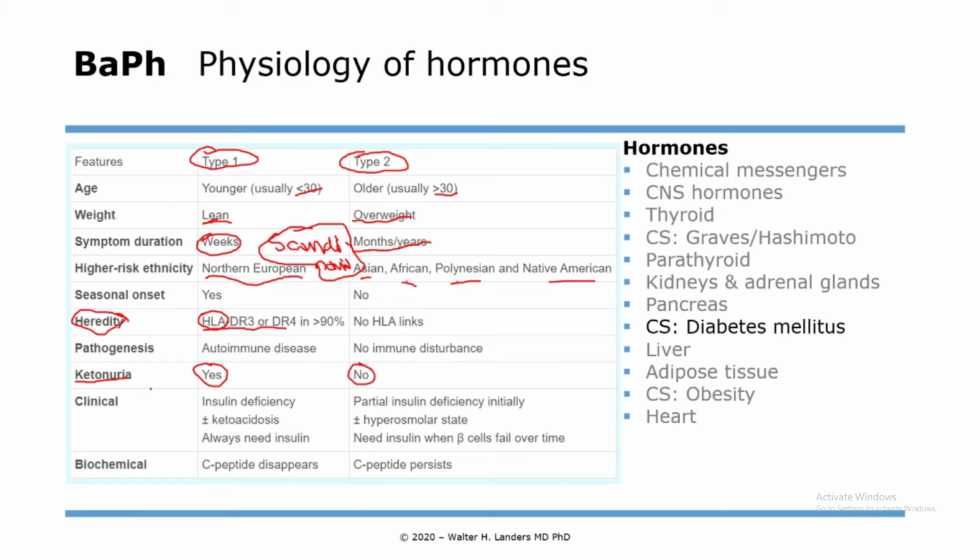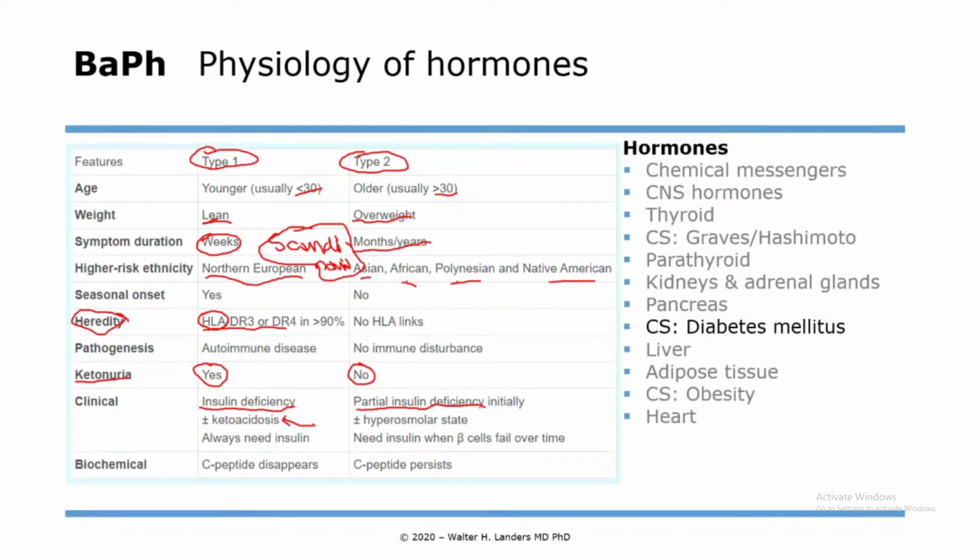And then clinically speaking, type 1 is full insulin deficiency, whereas in type 2, the patients sometimes have partial insulin deficiency, but it's mostly based on insulin resistance. If a patient presents with diabetic ketoacidosis, it's most likely to be type 1.